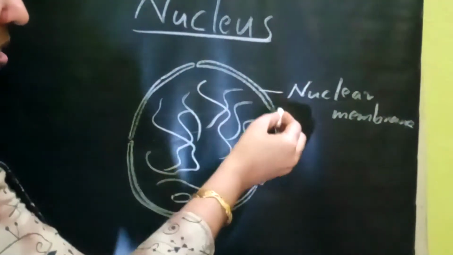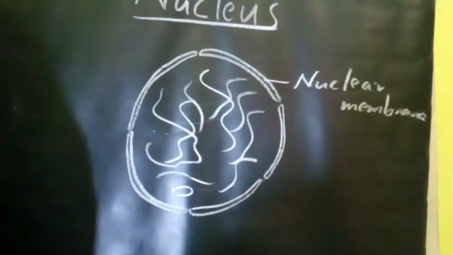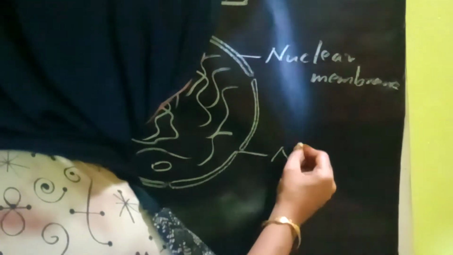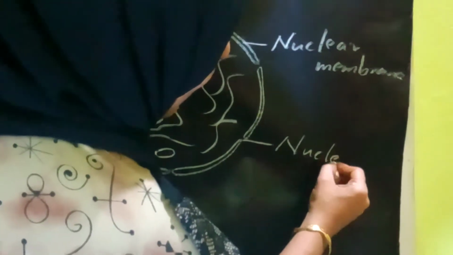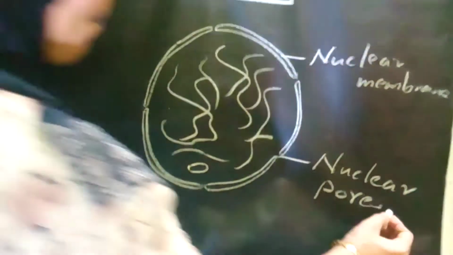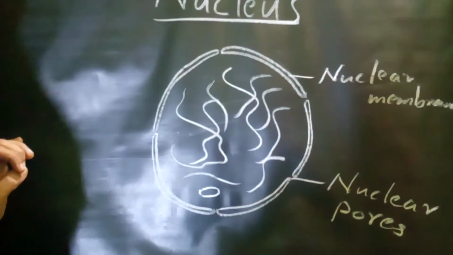For that purpose, we can see small openings throughout the nuclear membrane. These openings are called nuclear pores. Pores means openings. Through these openings, easy transport of materials is possible.